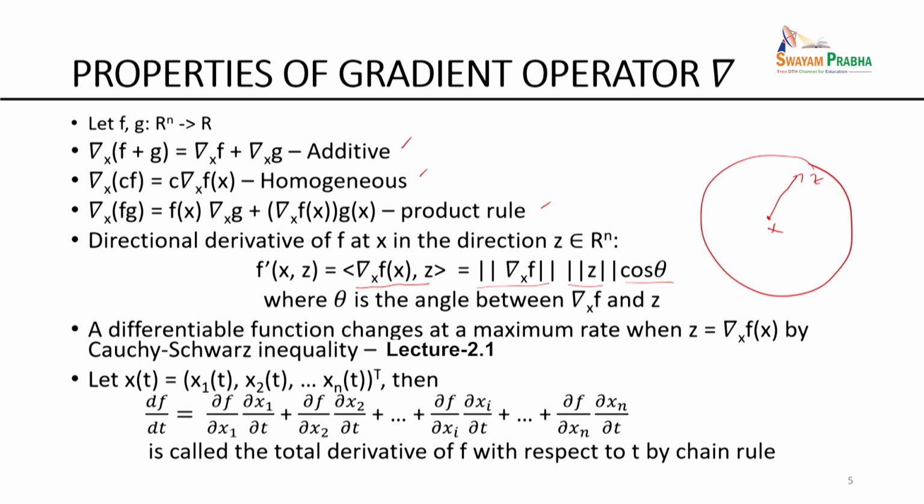For a differentiable function, here is one of the fundamental properties. Any differentiable function changes at a maximum rate in the direction of the gradient. That's a basic fact. Let's look at this now. Why?